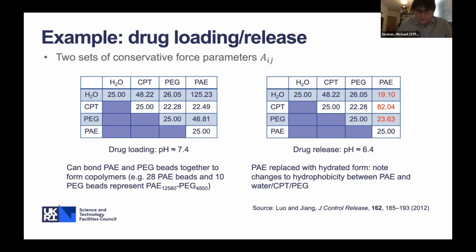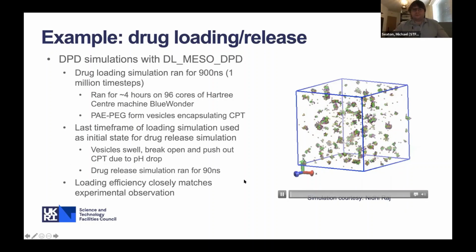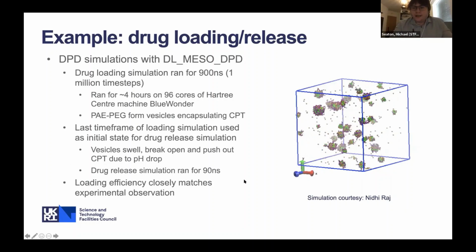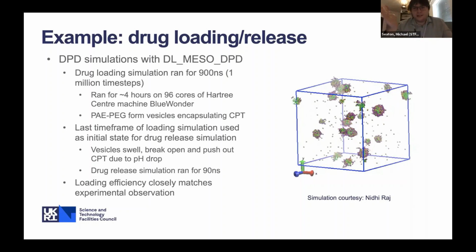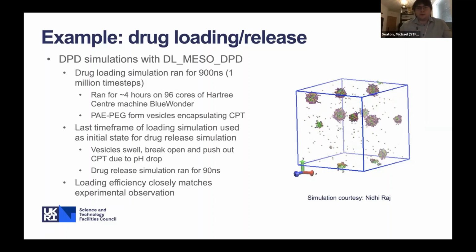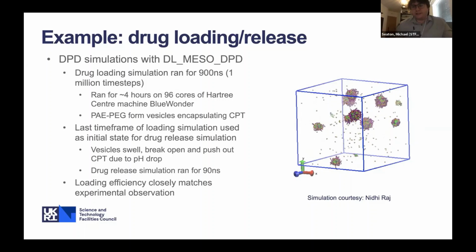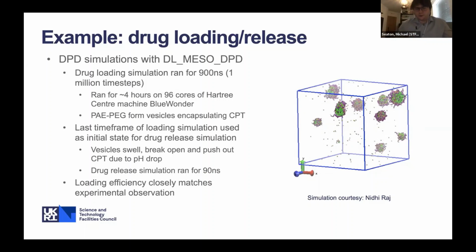So we carried out a DPD simulation of this system as a kind of test. We start here with the loading of the drug into vesicles. And then when we got to the end of that simulation, which was about 900 nanoseconds in actual time, we used the end point of that simulation as a starting point for the drug release simulation, which is about to start now.